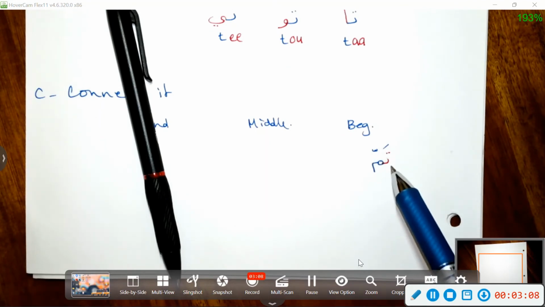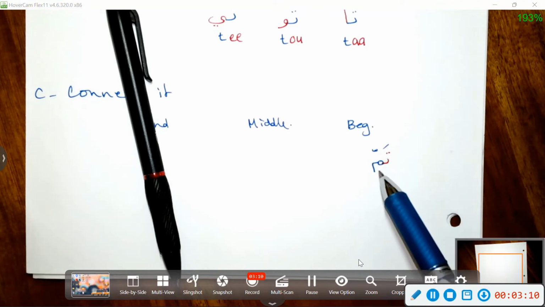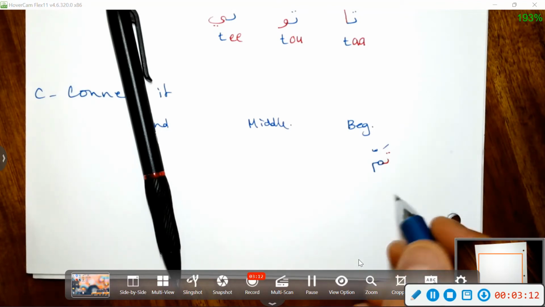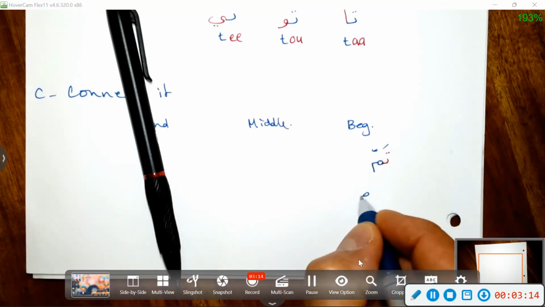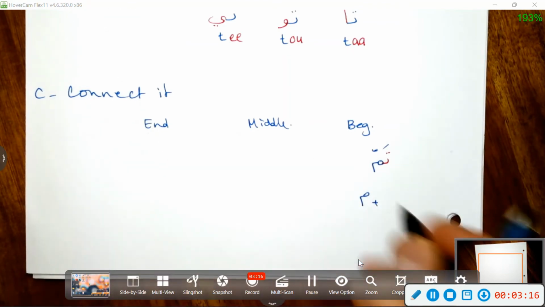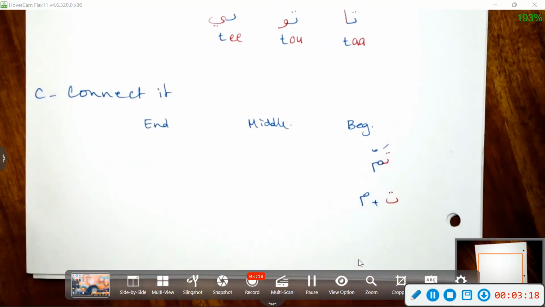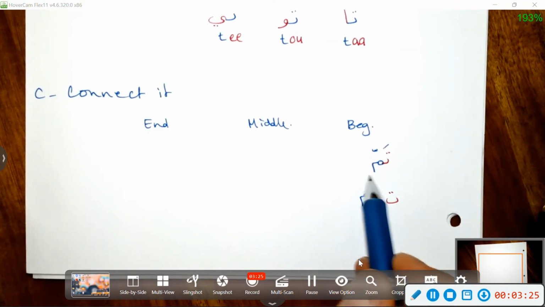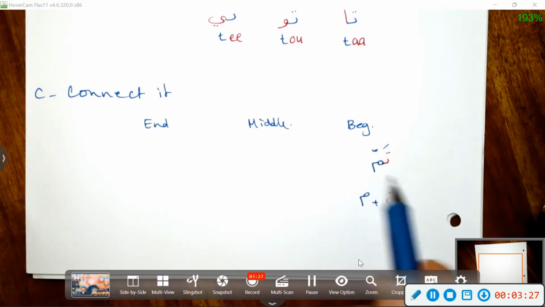Instead of saying tam, we say tamma. And this is ta plus mim. Now, we haven't learned this yet. Just keep it in mind. All we need to know is how to connect the letter.